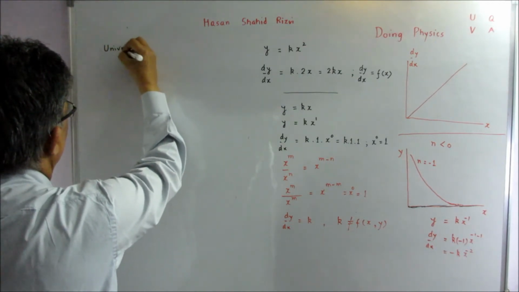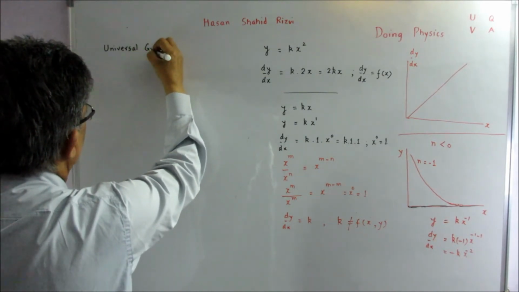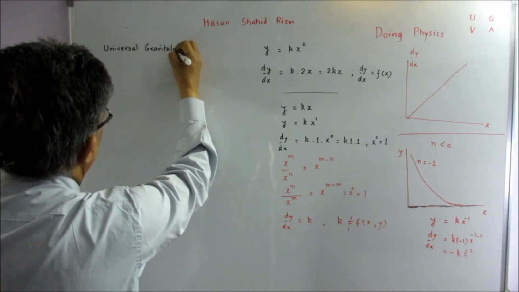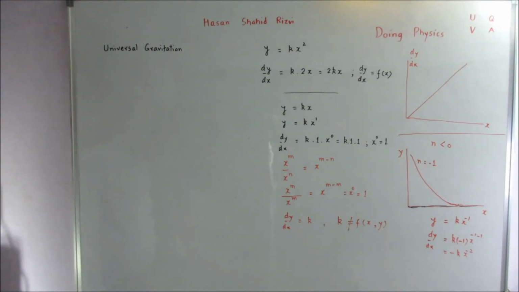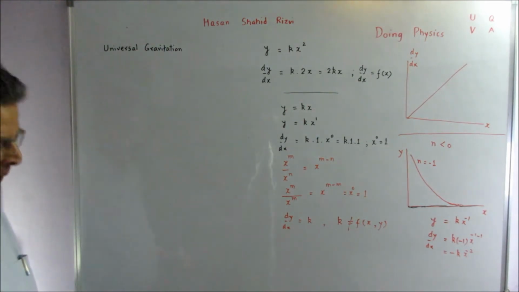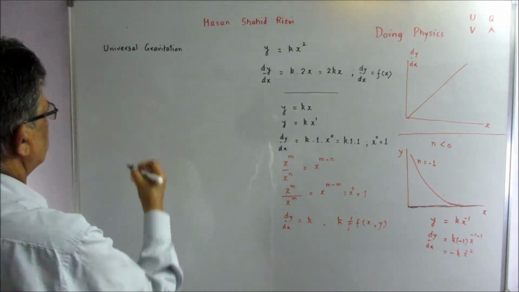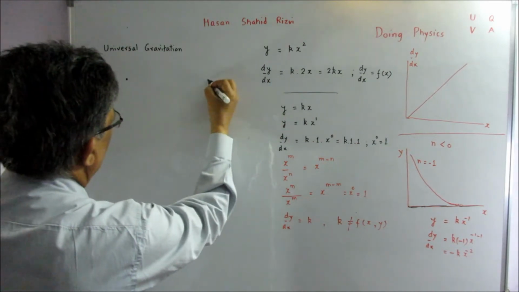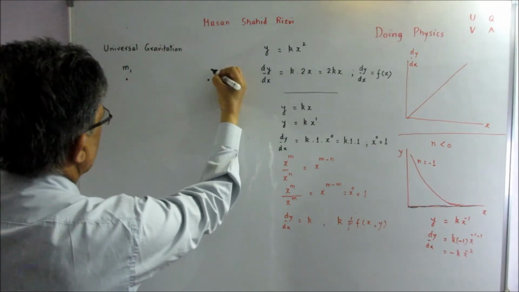Universal gravitation, which was derived by Newton, and later on experimentally verified. Now in this case I have two masses, m1 and m2.